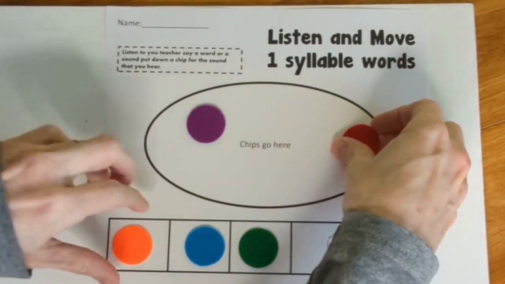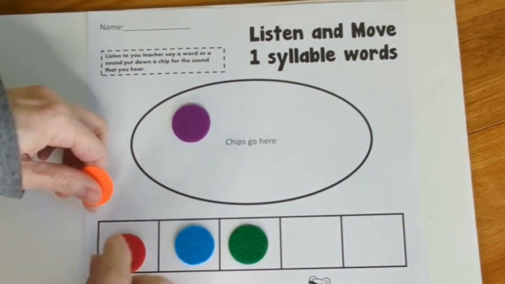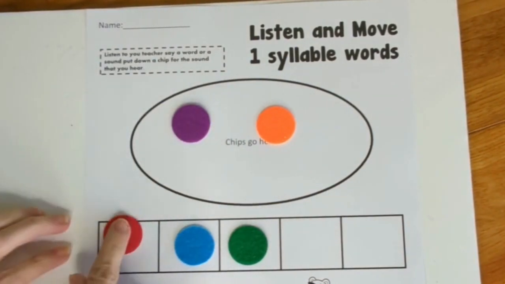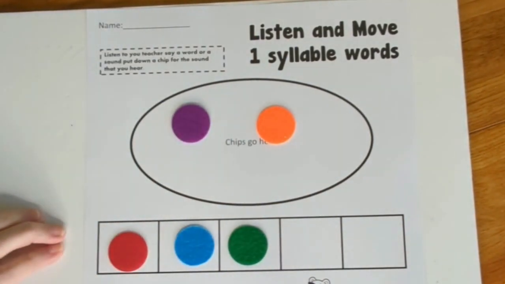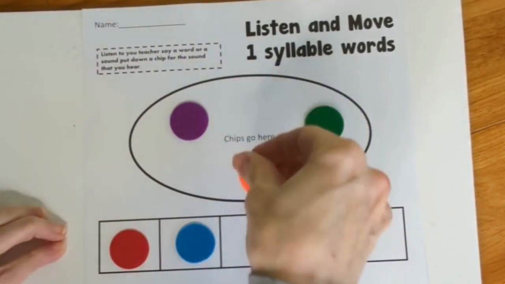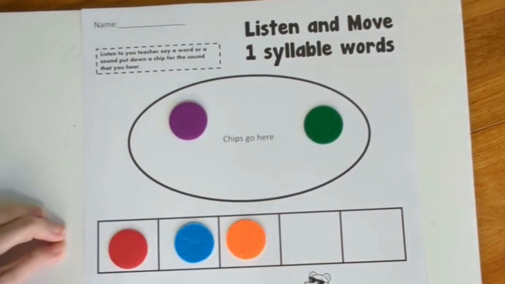Rat. Okay, this is the beginning, rat. Okay, let's try another one. If this is rat, show me ram. If this is ram, show me rim.